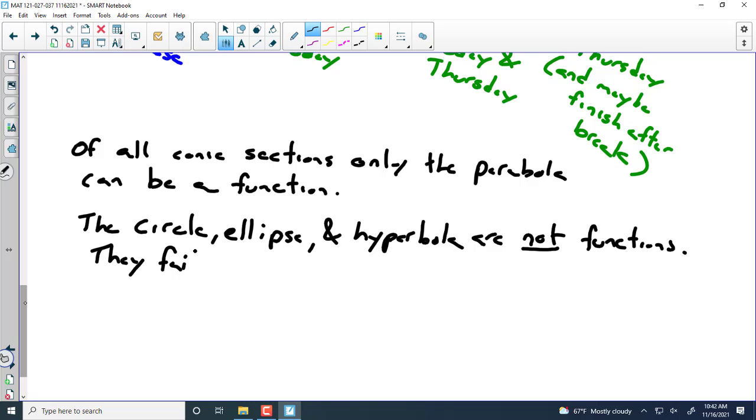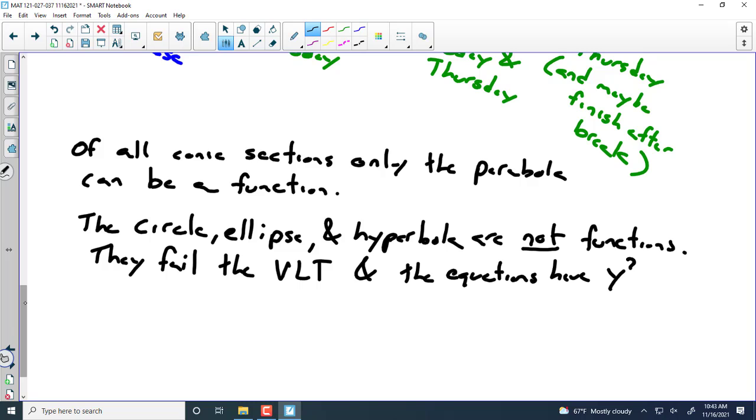They fail the vertical line test, and the equations have y squared in them. So those were our two big ways to know if something wasn't a function: if it failed the vertical line test, or the equation had a y squared in it, or if you had a repeated x value with two different y values.